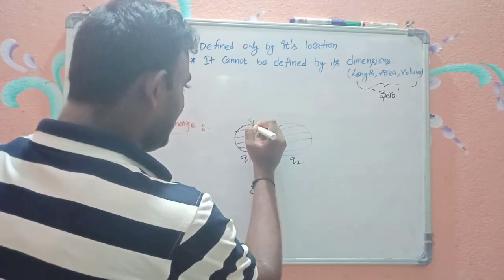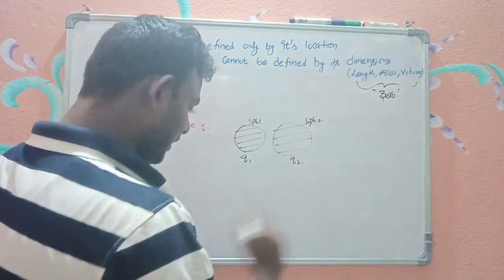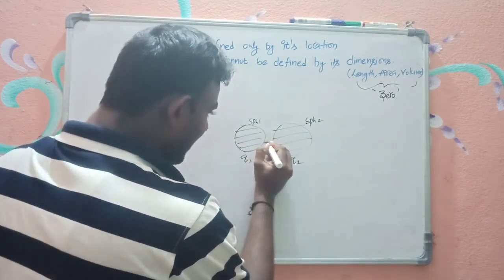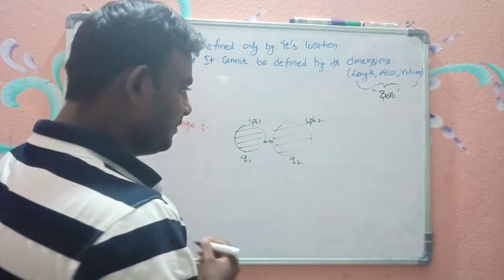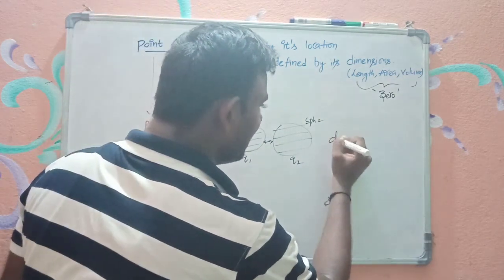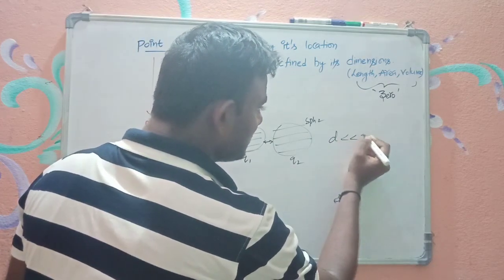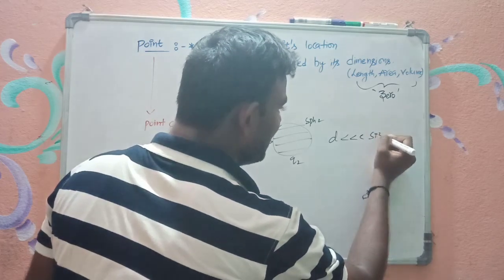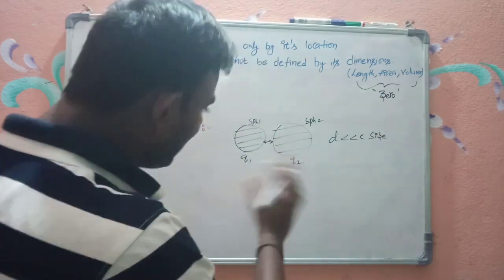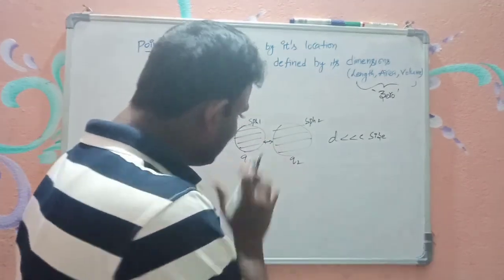So this is sphere 1 and this is sphere 2. Now consider that the distance between these two spheres is very small when compared to the size of the spheres. I am considering both spheres of equal size, and this is the case.